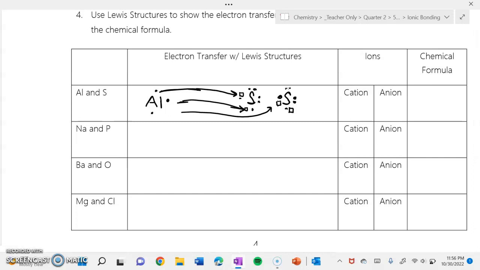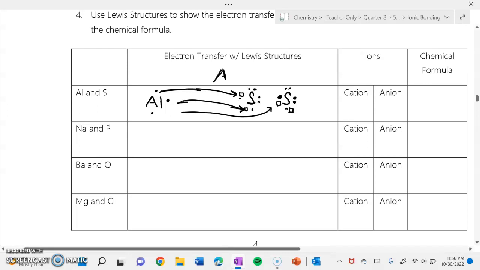So I'm going to add in another aluminum with 3 valence electrons. So I will take one of these and put it over here. Okay, now that sulfur is full, but you're starting to see how this will work out.